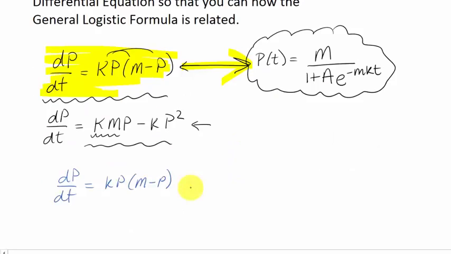The first thing we're going to do is separate our variables. If you look at these factors, p and m minus p, these are the factors that have the p variables, so they're going to go on the left-hand side with the dp. We're going to take the dt and put it on the other side, and we're going to leave the k with that dt.